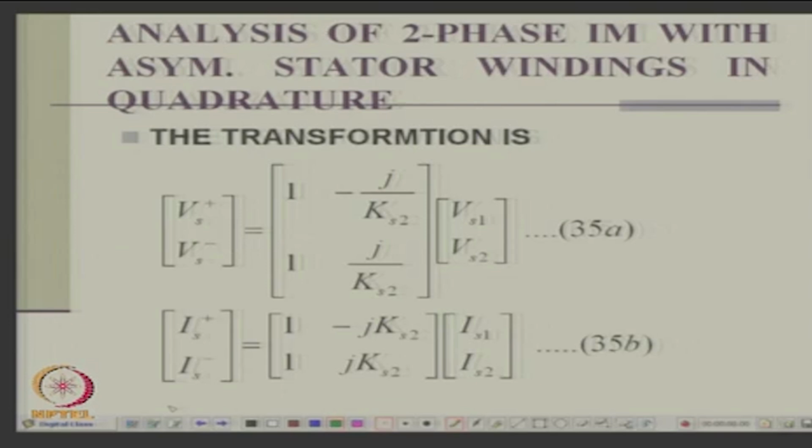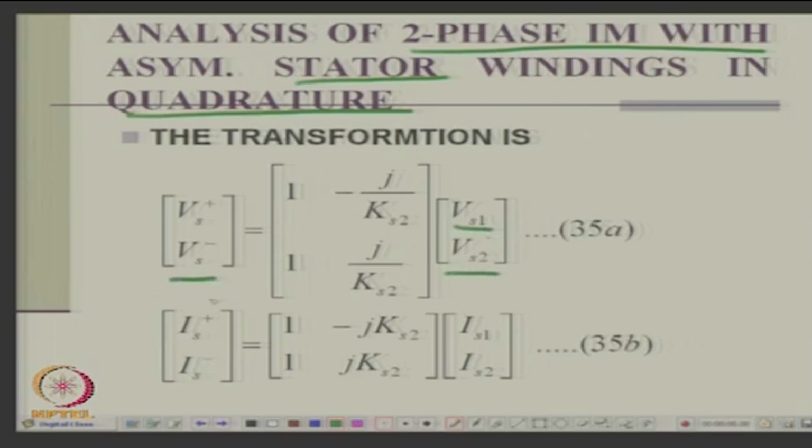Now, we have already done analysis of a two phase machine with asymmetrical stator winding in quadrature, is it not? You can do a similar thing for two phase. So, you have Vs plus, Vs minus in terms of Vs1, Vs2. I have two phases S1, S2 and again you do the same jugglery, Is plus, Is minus. This is due to the two phase symmetrical component transformation.